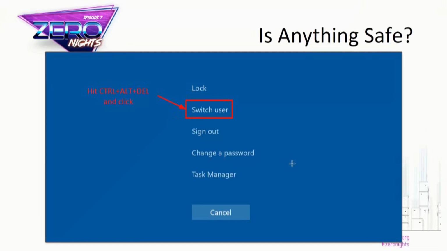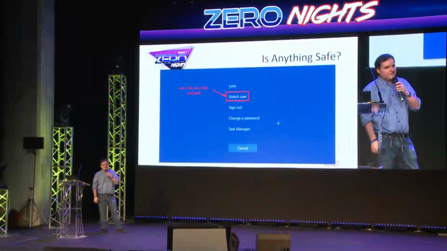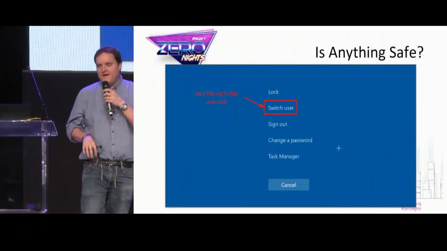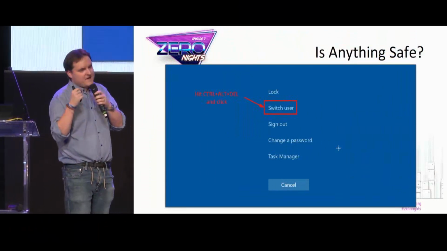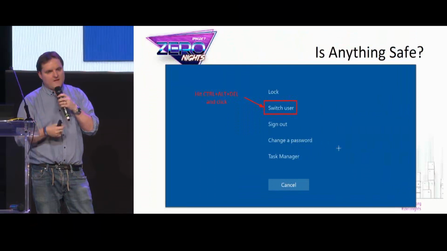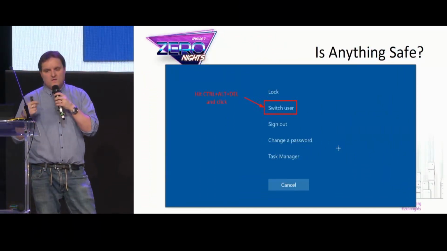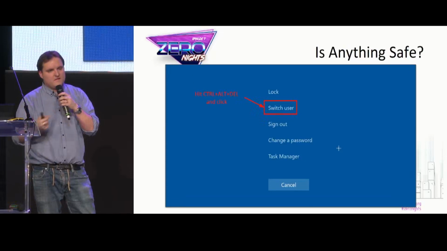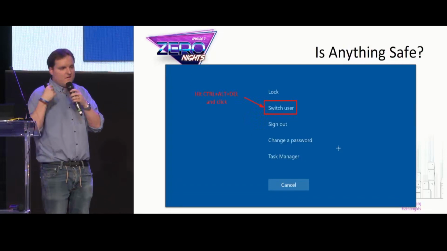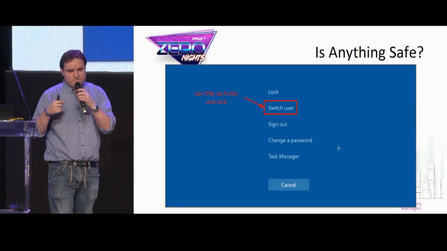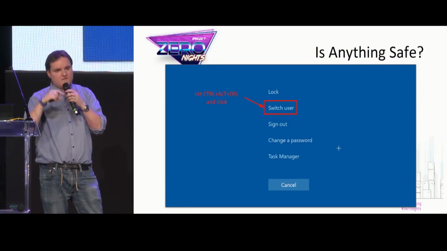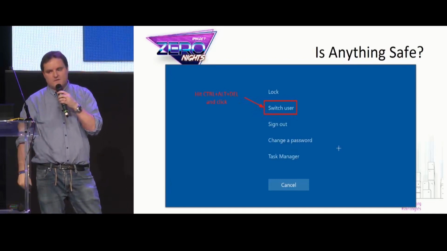So, you may be asking, is there anything safe you can do on Windows? Not just generally, like from a security perspective, of course. About the closest you can come to safety, if you need to use admin and non-admin accounts on the same machine, is to basically use the switch user, the fast user switching capability. And do not use Explorer to do this. Explorer has a little image of your user account, and you can click on that and click switch user.